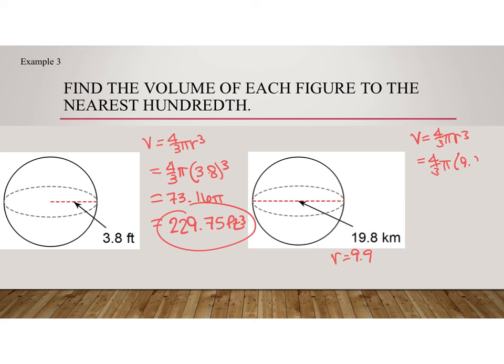So I'll plug in 9.9, cube that, and if I simplify this, that gives me 1,293.7 pi. And when I multiply the pi out, I end up with 4,064.38 kilometers cubed. And that would be my final answer on that sphere that has a diameter instead of a radius.